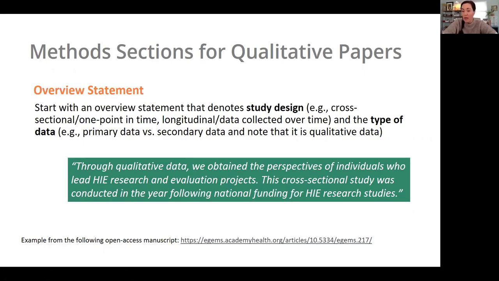So who and what were we interested in? This cross-sectional study, the study design, was conducted in the year following national funding for HIE research studies. So very brief, to the point, gives folks a sense this is a qualitative study and it's cross-sectional. And you have a sense of who I was studying. Next.